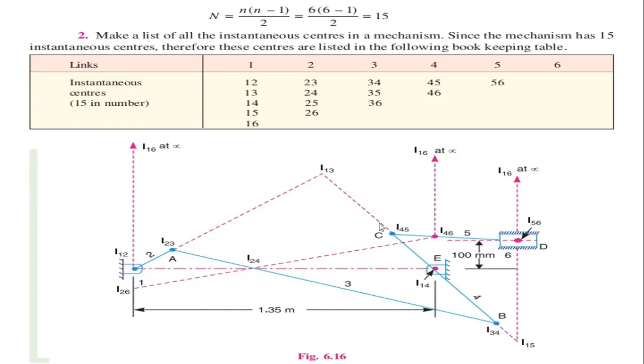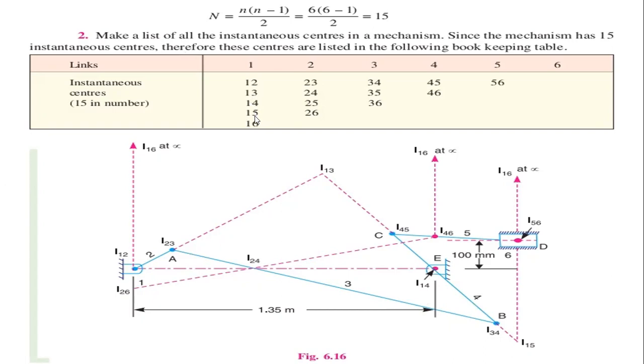From the centers of 4 and 5 we get the extended part, that is I13, and I14 is projected at the center of the fourth, the fixed link.